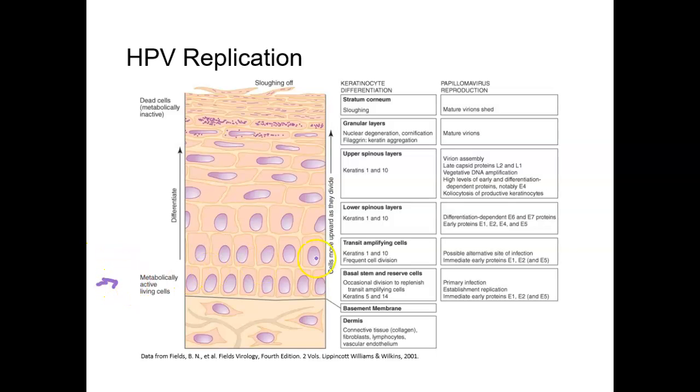Now, in the basal cells, the virus can start replicating its genome, but it can't replicate the whole virus. It can't complete its replication cycle. So inside the cell, it needs certain factors to complete its replication cycle that are not present in these basal cells. So as the cells differentiate into keratinocytes, then the virus is able to complete its replication cycle and spread.